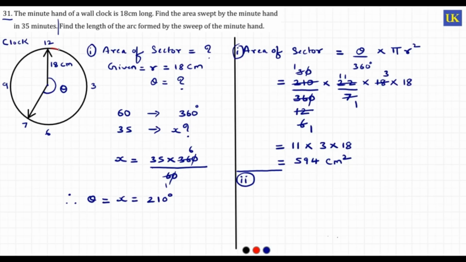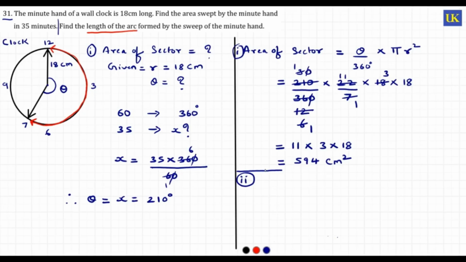Arc means this portion. So how much will be the length of the arc? This is what we have to find out.